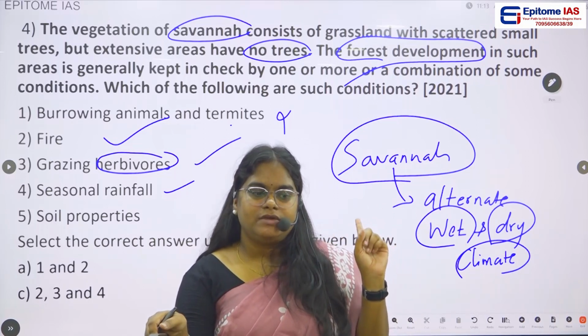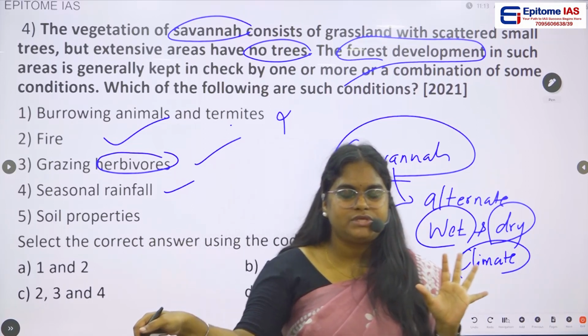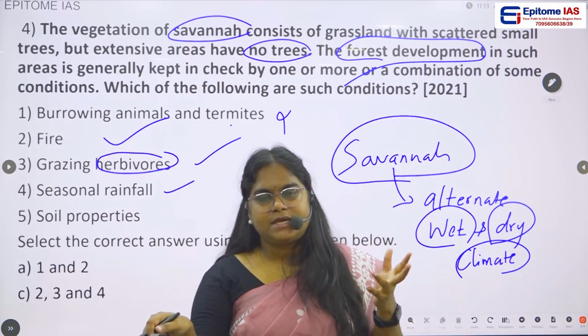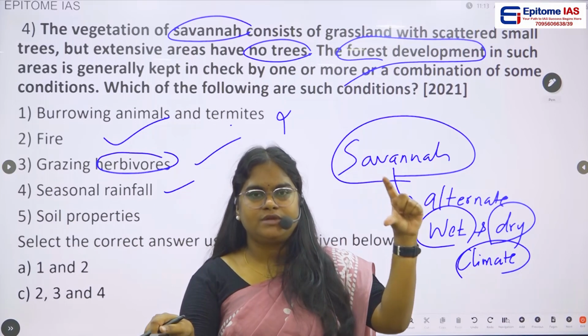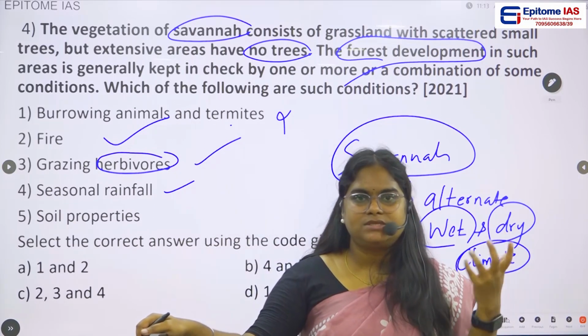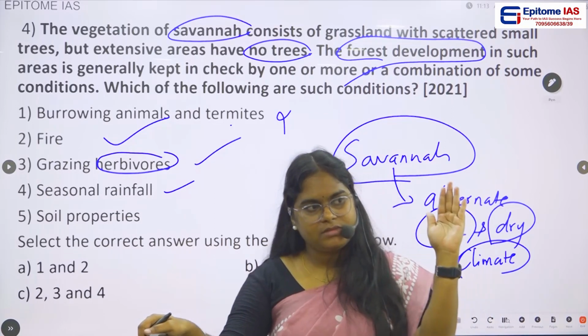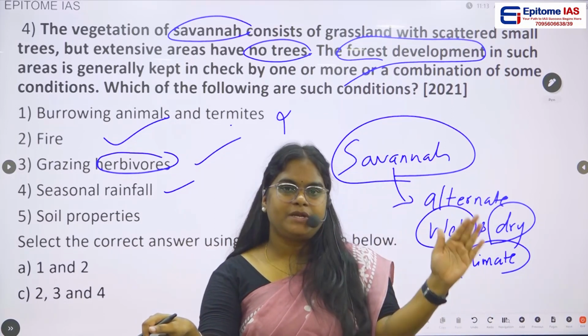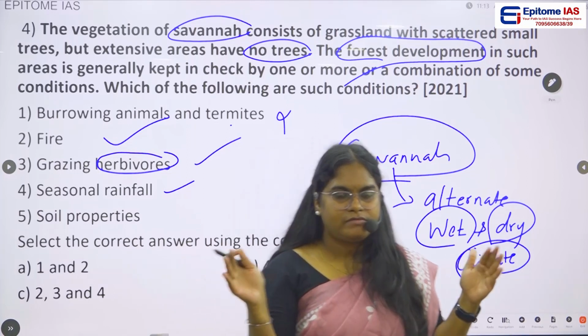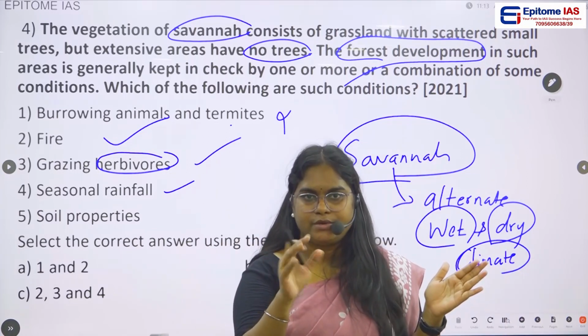But it is different from the monsoonal type of climate. How? In a monsoonal climate, during a particular period of the year there will be rain, but in this case there is no guarantee that the rain will happen in any particular period of time. It will happen very irregularly, okay?